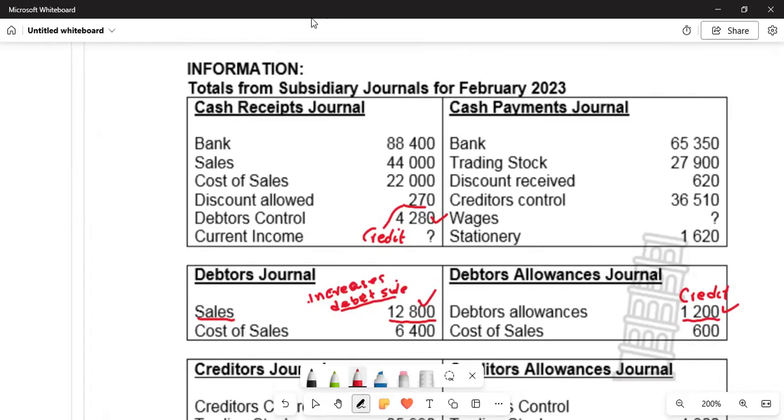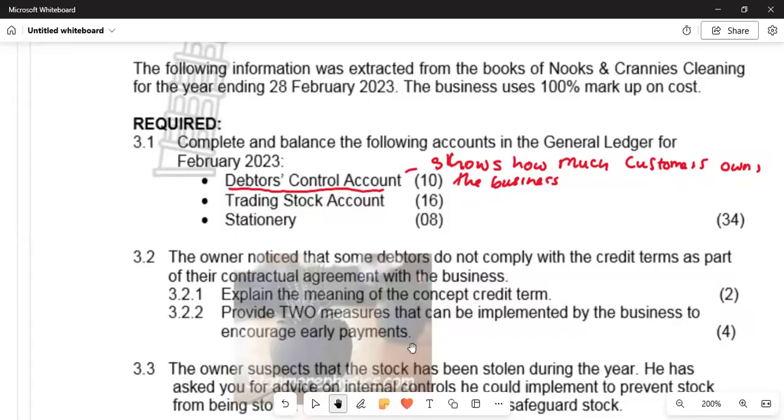So we have to look at this information that is given. Trading stock is an asset.